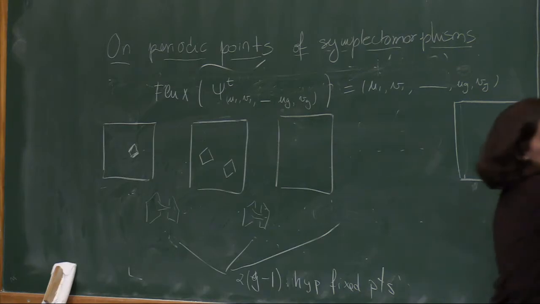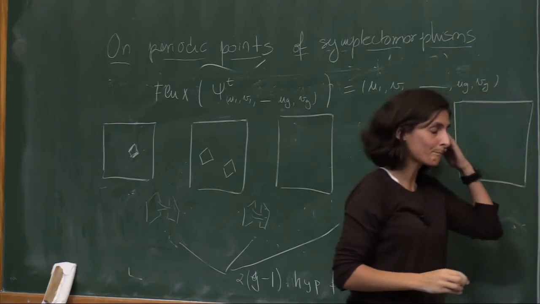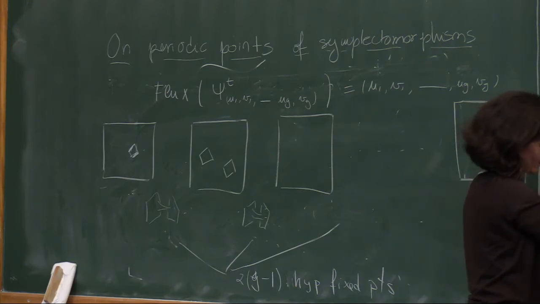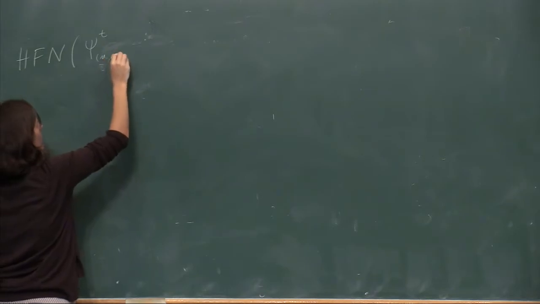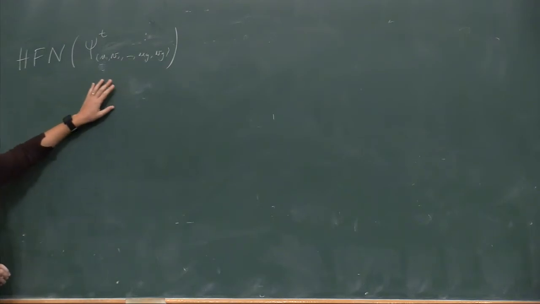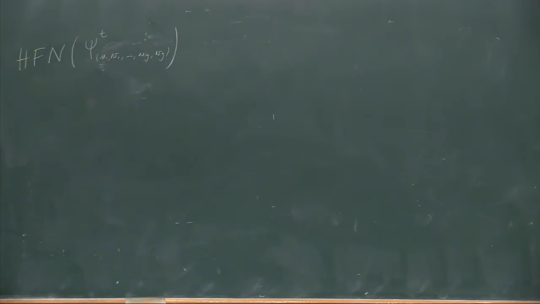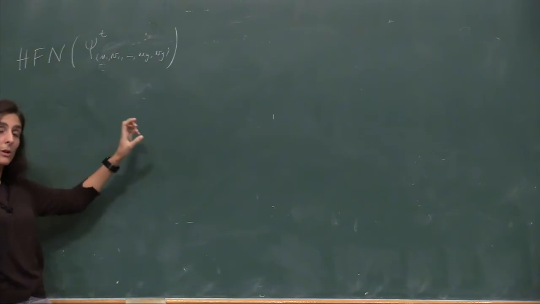So this flow has exactly 2g minus 2 hyperbolic fixed points.